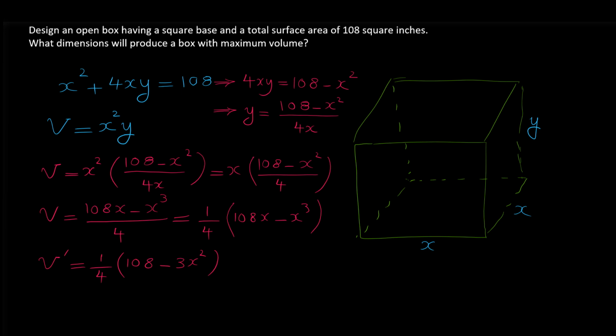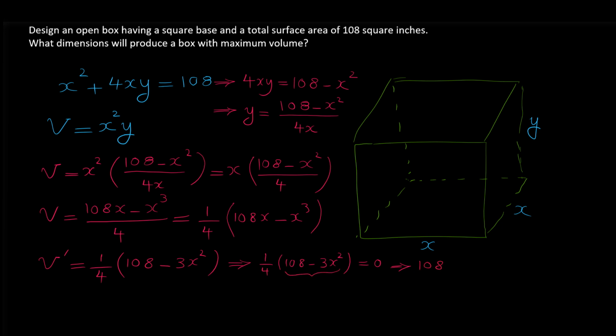For finding the critical points, we have to set our derivative equal to 0. So 1/4 times (108 minus 3x squared) equals 0. From this equation, the expression inside of the bracket should be 0.